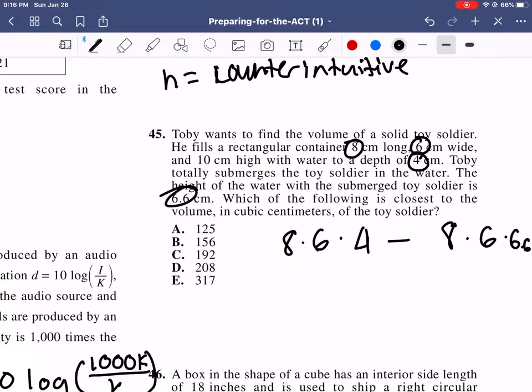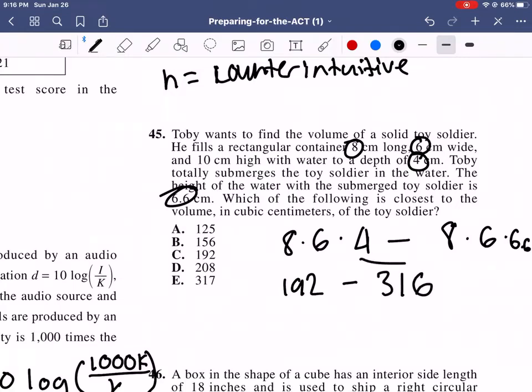8 times 6 times 4 is 192. Sorry. 192 minus, and then this one is 316.